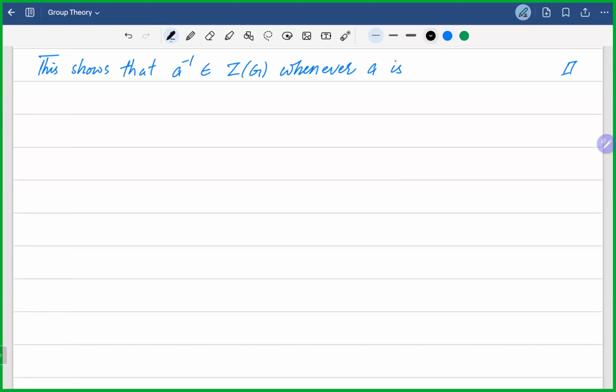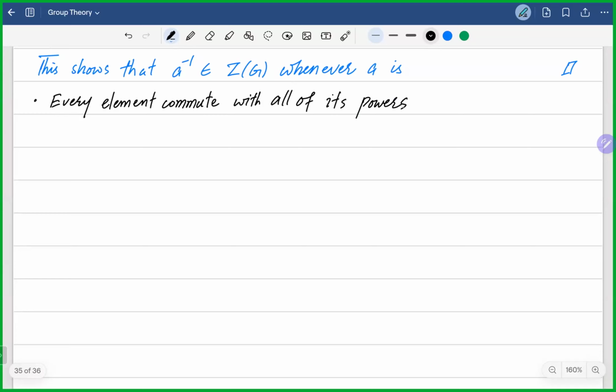But let's note this: every element commutes with all of its powers, even though it is coming from a non-abelian group.